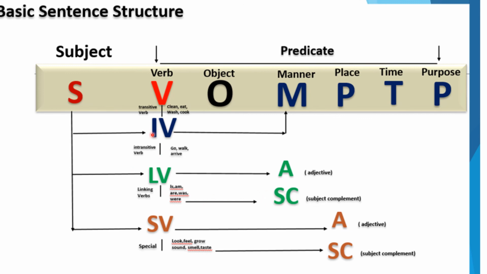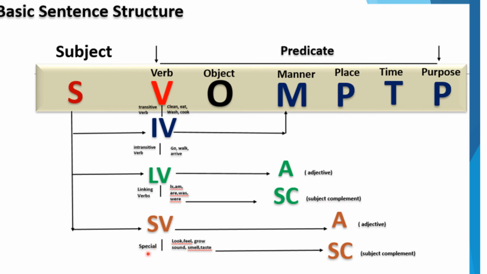Take note, what is IV? IV is intransitive verb. Intransitive verbs like go, walk, arrive. What is V? The verb, the transitive verb. LV is the linking verbs like is, are, was, were. A stands for adjective. SC stands for subject complement.